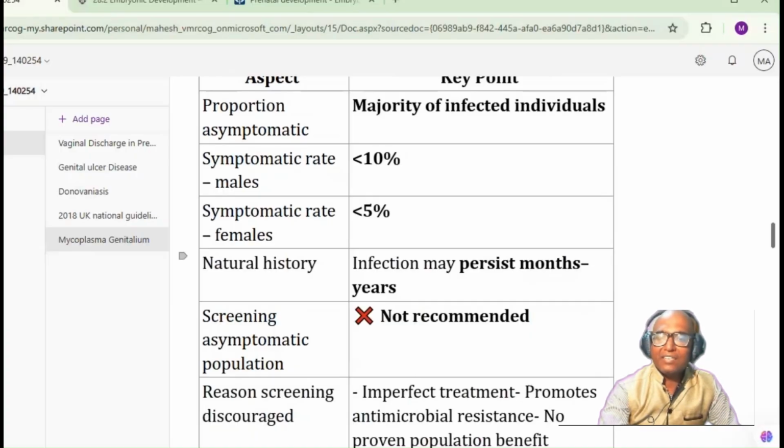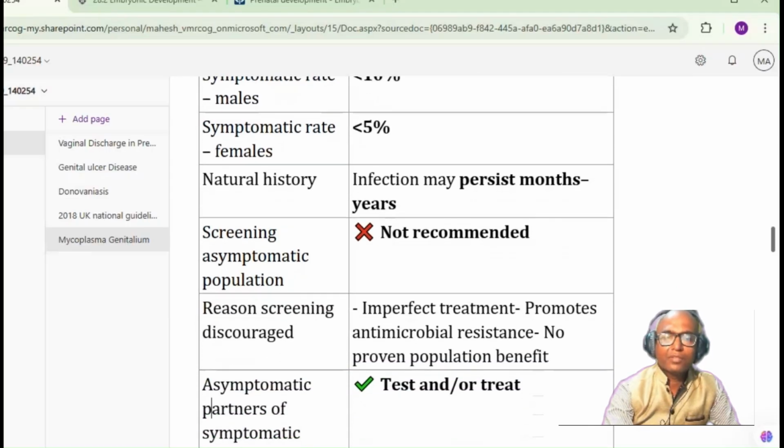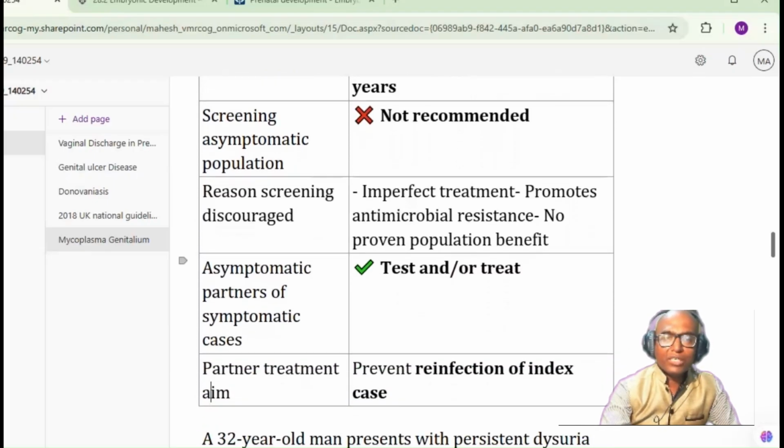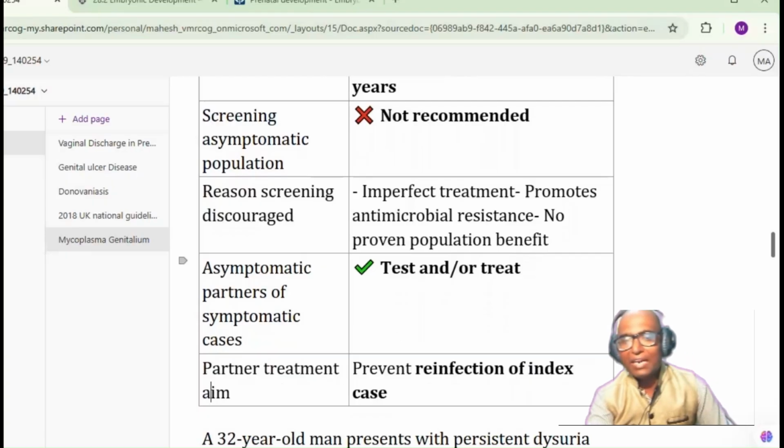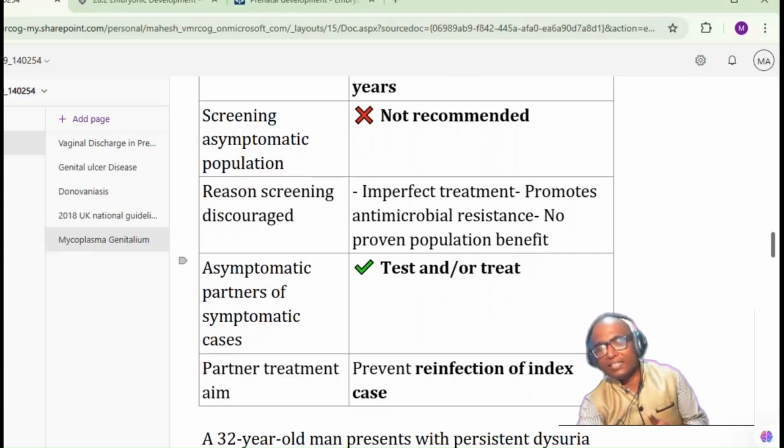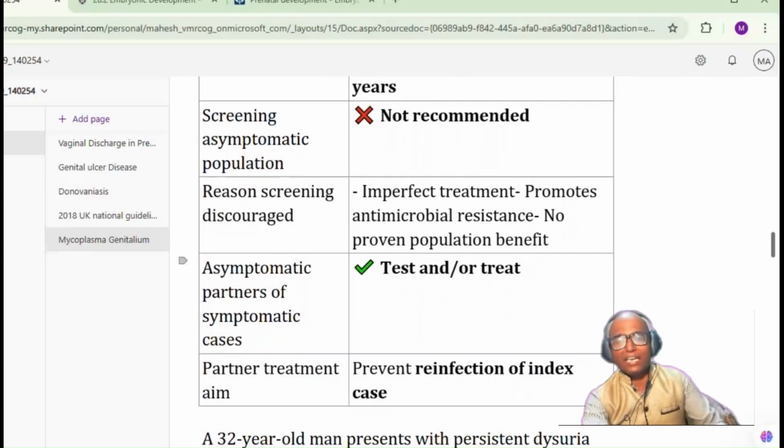The natural history is that infection may persist for months or years. So mycoplasma is known for persistence of infection. Screening of the asymptomatic population is not recommended. So if you have an asymptomatic partner of a symptomatic case, what is the management? You have to test and/or treat that particular patient.